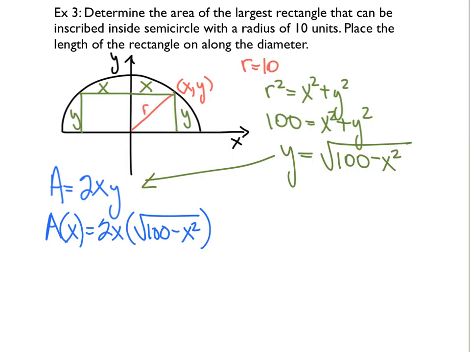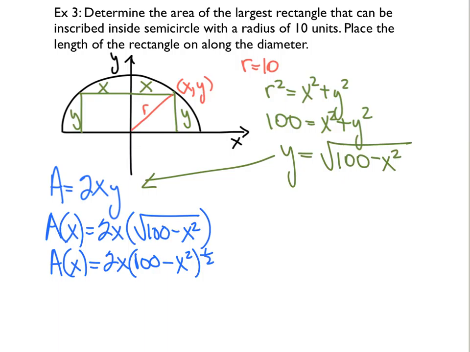Okay, so we can rewrite that, because obviously we're going to want to take the derivative. We can rewrite this as 100 minus x squared to the power of half.